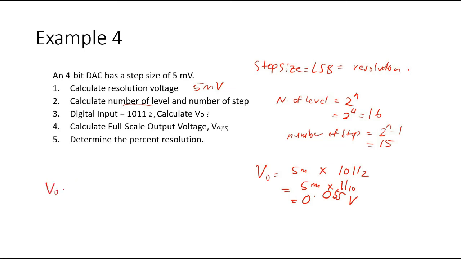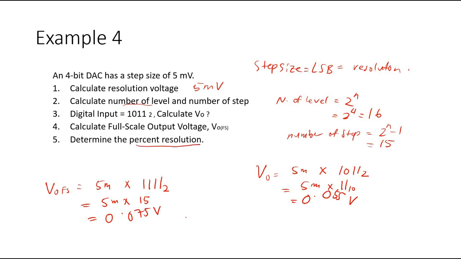Okay, number 4, calculate the full scale. Okay, V out full scale. So resolution 5 millivolt multiply with the maximum number for 4 bit. So 5 milli multiply with 15. Okay. So kita akan dapat 0.075 volt.